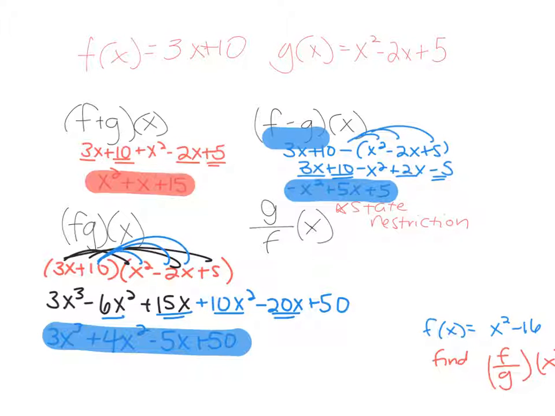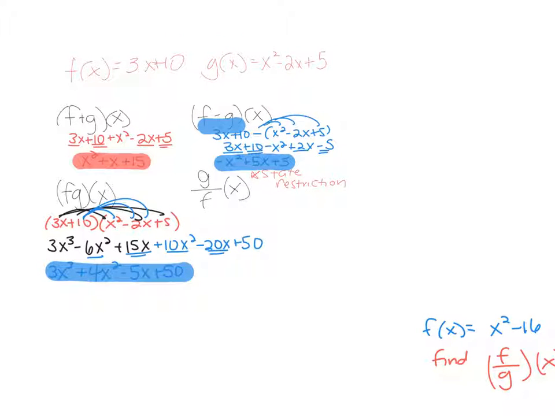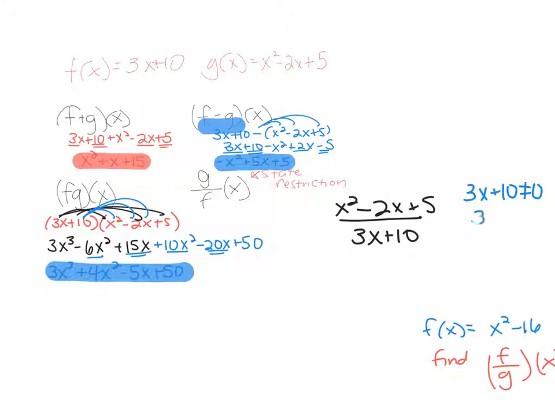Okay. And then f over g, or sorry, g over f. So I would put g in the top, x squared minus 2x plus 5 over 3x plus 10. Before I do anything further, I want to make sure I set the restriction. So the restriction would be 3x plus 10 cannot equal 0. Subtract the 10.